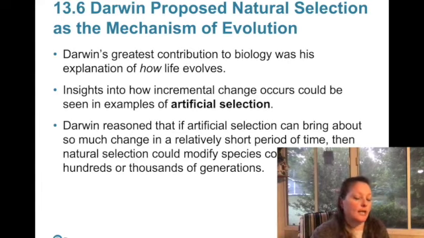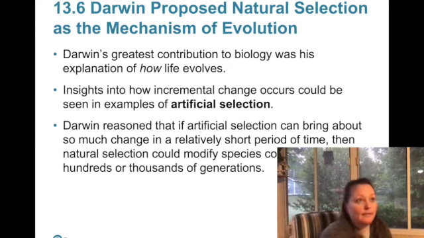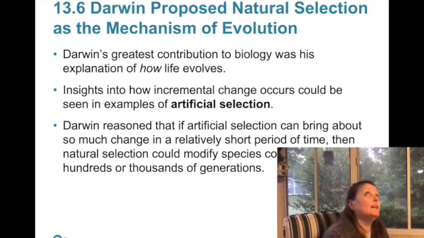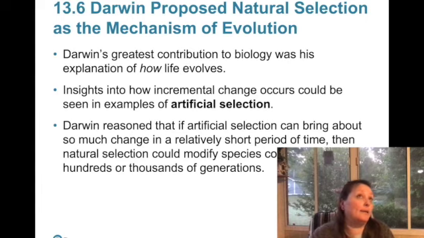So natural selection is what nature does. Artificial is what we do. An example of this is, I believe, cabbage, Napa cabbage, and Brussels sprouts are all in the mustard family. And so it's how you tweak it that you get the variations.